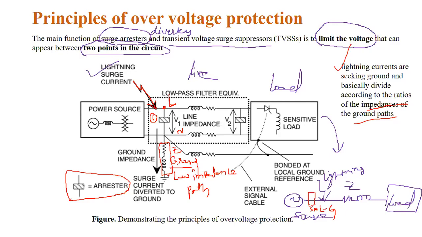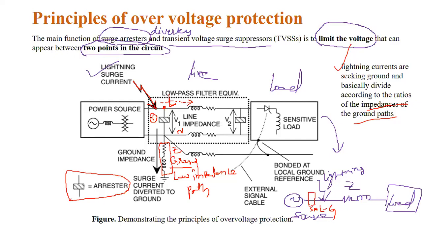Because of that impedance, the voltage and the surge currents are diverted in this direction. So it cannot minimize the entire surge currents or lightning currents produced by the lightning.